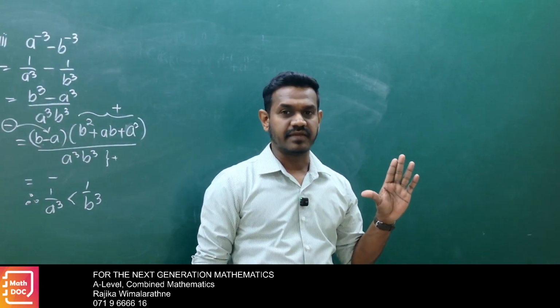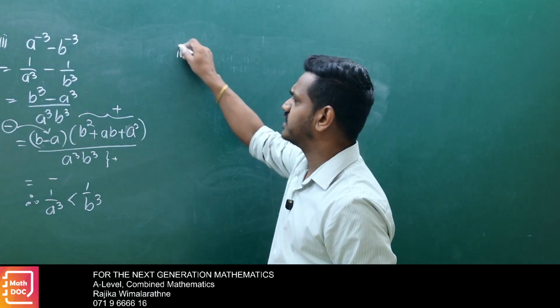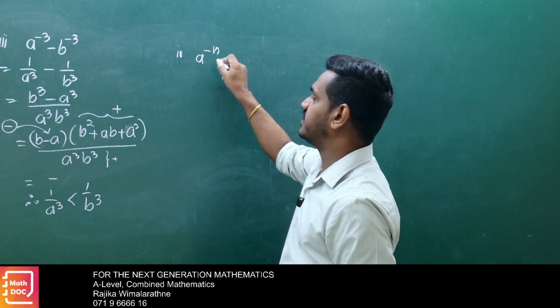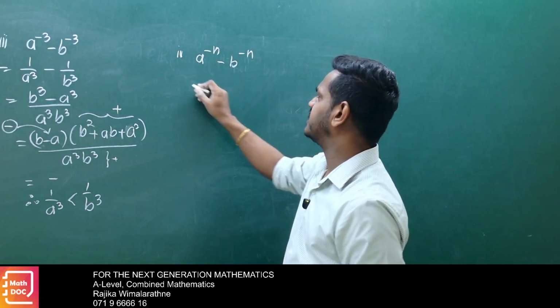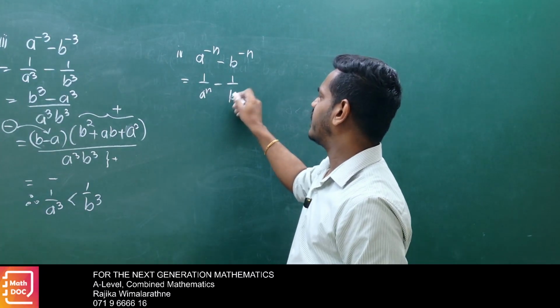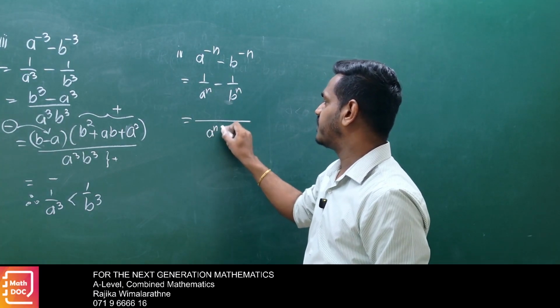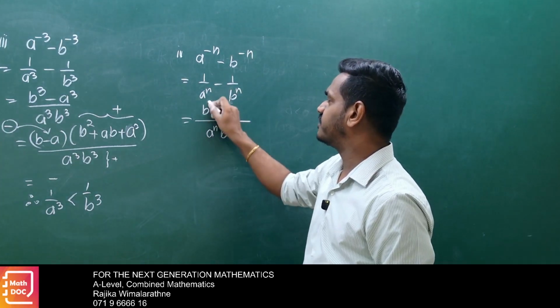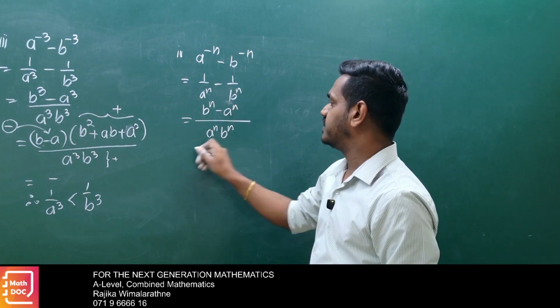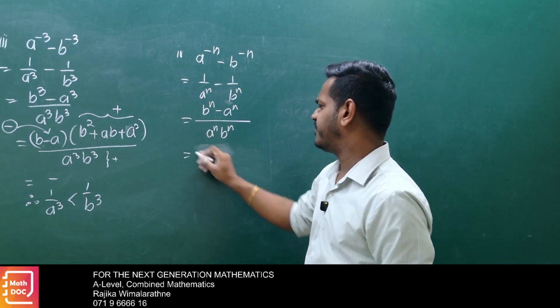Okay, then same time let's do the other one. You think about a to the power minus n minus b to the power minus n, 1 over a to the power n, 1 over b to the power n, get common denominator, a to the power n, b to the power n, b to the power n minus a to the power n. Factorize here, b minus a, no?